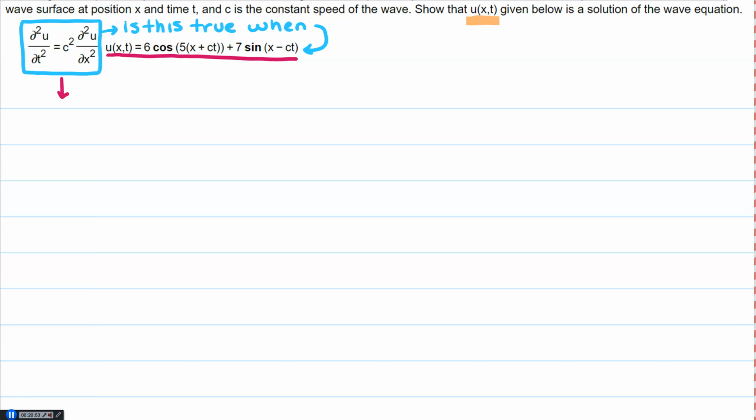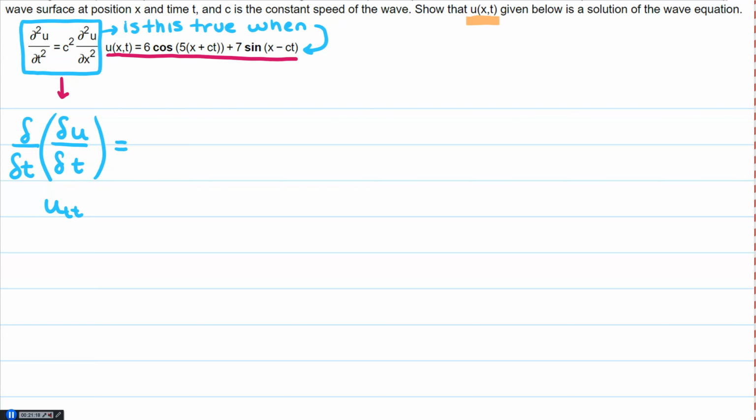This is saying the derivative of u with respect to t first, and then the derivative with respect to t again. So that's d2u over dt2, and we can think of that as u sub tt.